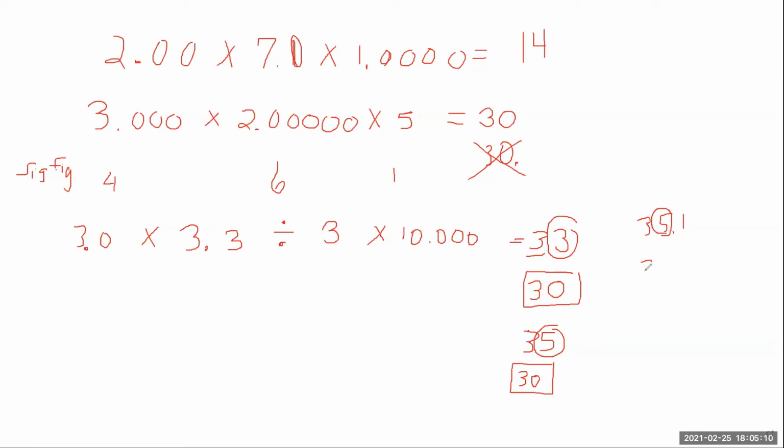Would we round down because it's one lower than 5? This is 5 plus you have a 0.1 added onto it. Is that greater than 5? Yes, it's just greater than 5, so we round it up. So this one would be 40.